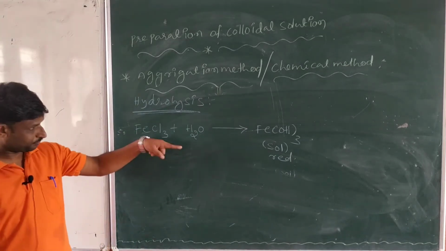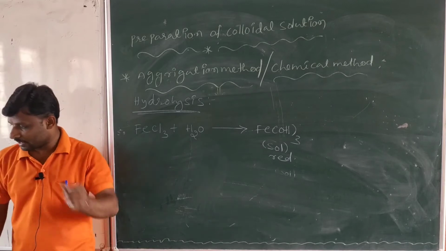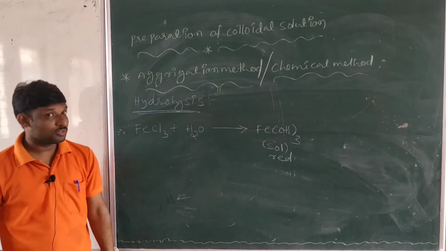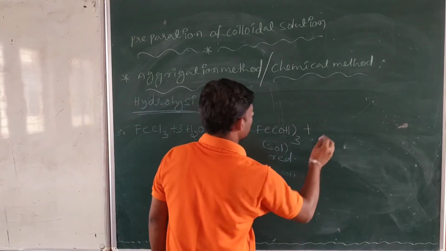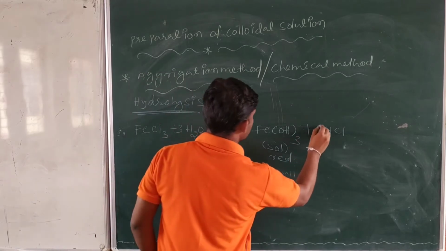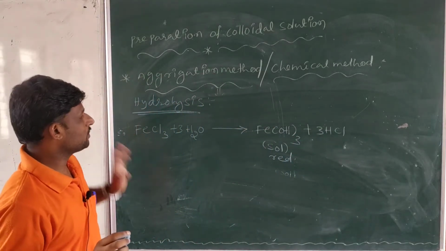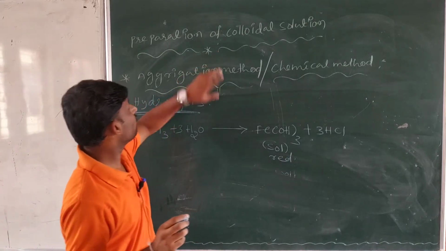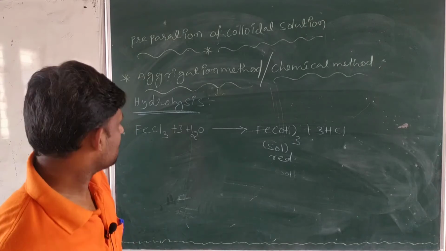So we can now balance the reaction. FeCl3 plus 3 moles of H2O. What is the product, sir? HCl is forming here. 3 moles of HCl is forming. This is the hydrolysis method. In this method also we are getting colloidal solutions. Next method we will discuss.